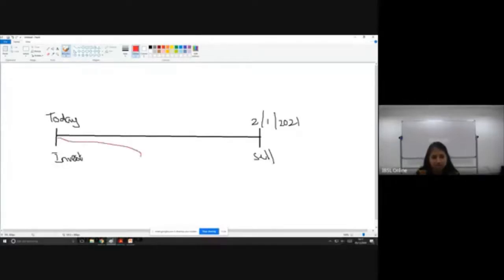During this particular period, when you own the financial instrument, any income that you get is called the yield. From that instrument, this is the return that you're getting when you own it.